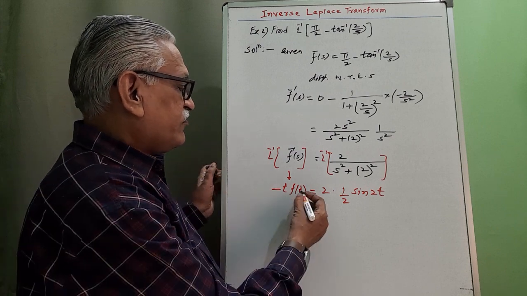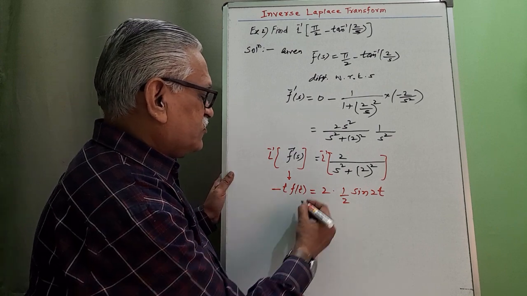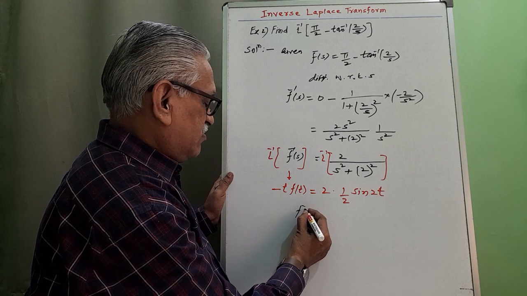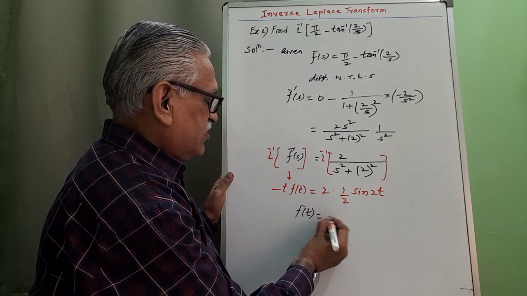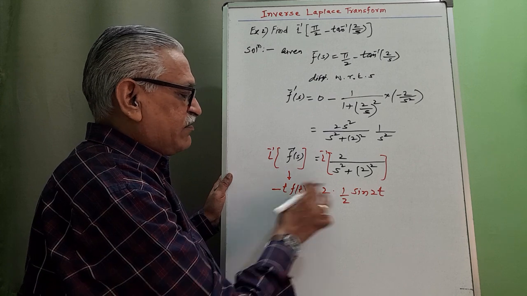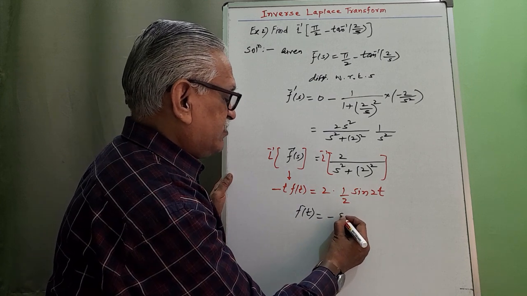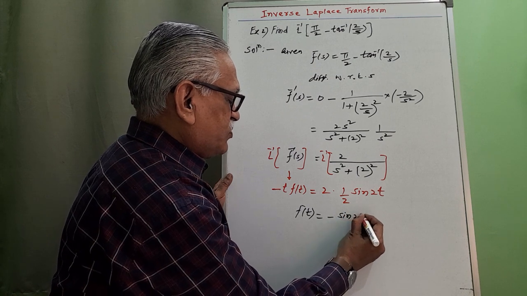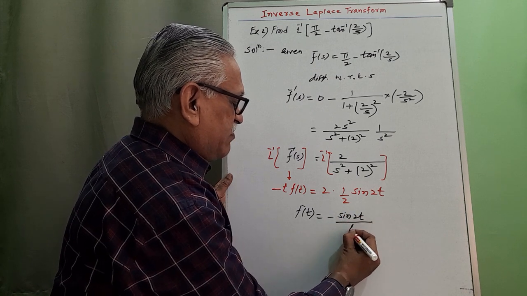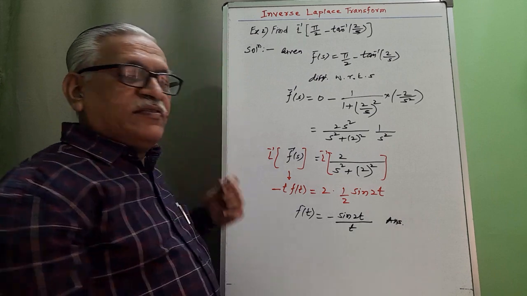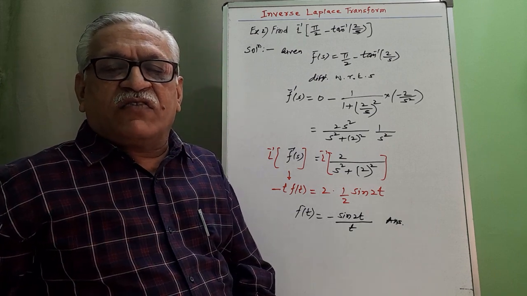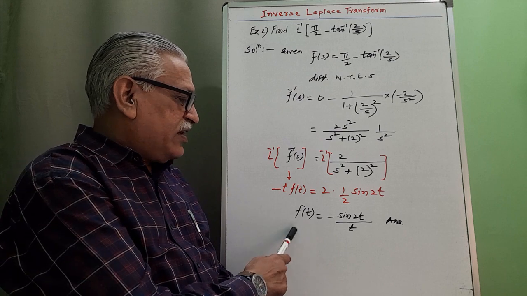And therefore, f of t is equals to, 2 gets cancelled, dividing by minus t, we get its value as minus sine of 2t divided by t, as the required inverse Laplace transform, or answer.